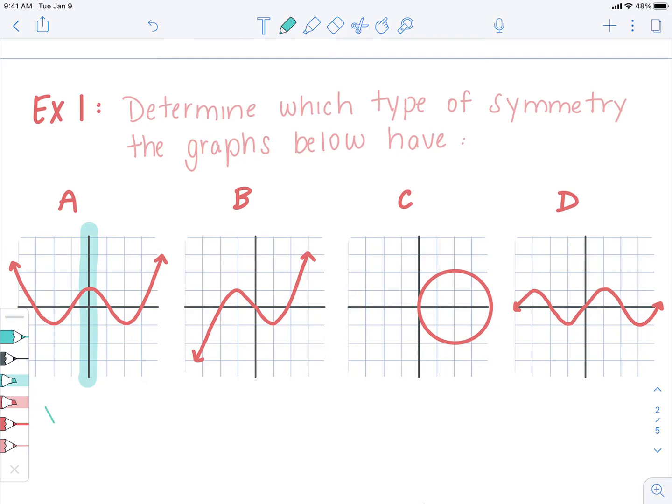So this is symmetric over the y-axis. What about B? It's over the origin, right? It looks kind of the same, but it's like reverse of each other over the origin. What about C? X-axis, right?